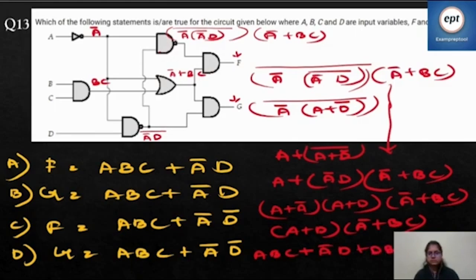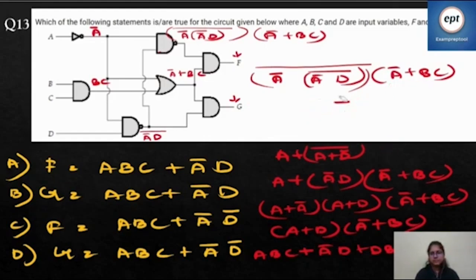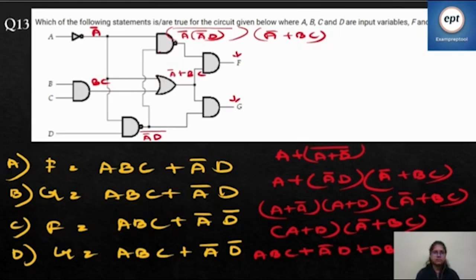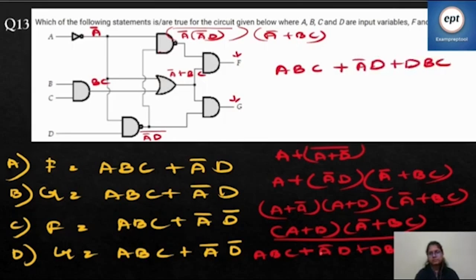Okay, so this is not visible to you. Let's erase this first and write the expression which is given. So after this line I am writing here the expression which is formed: ABC plus A bar D plus DBC. So this is the expression we got.